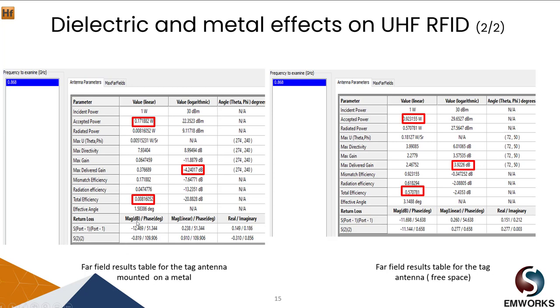When we mount the antenna on a metal bottle, we can clearly see that it has an effect on the accepted power due to the impedance mismatch, and also an effect on the radiated power, as you can see from the total efficiency, and this is due to the metal. Basically the metal is in the vicinity of the tag antenna, blocking and reflecting part of the radiation. It is also creating destructive interference for the radiation.